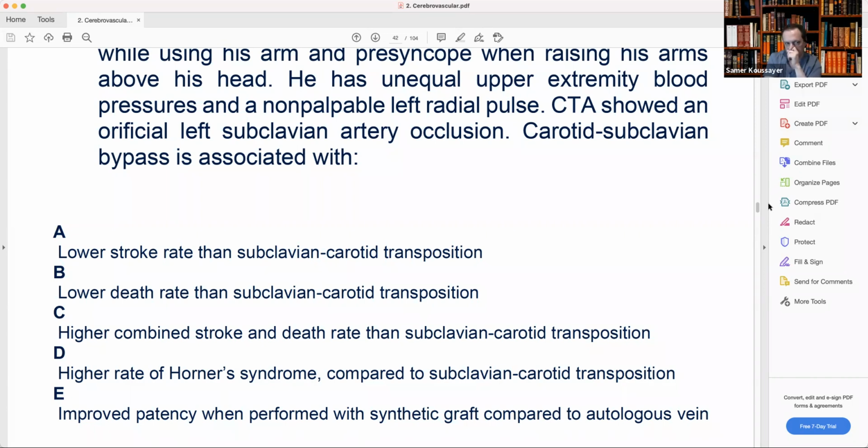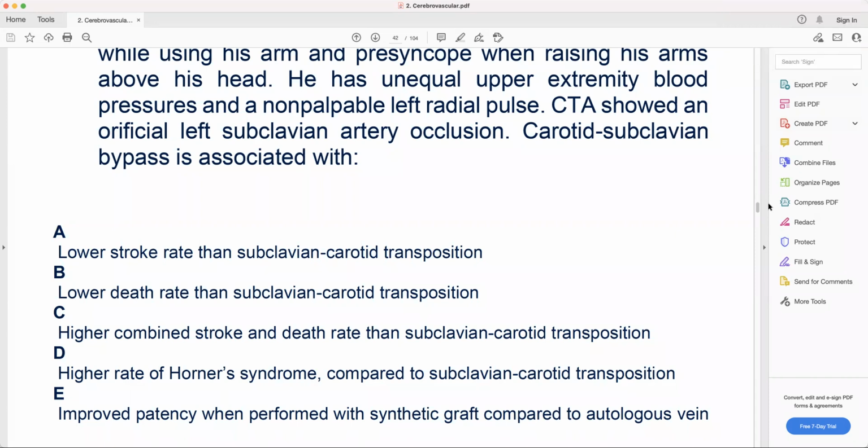If you put a vein, it's very easy for it to kink, especially with neck movement, and if you don't place it right. That's why I use the one with the ring, to give more strength. They found the patency is better with PTFE than with autogenous vein graft.